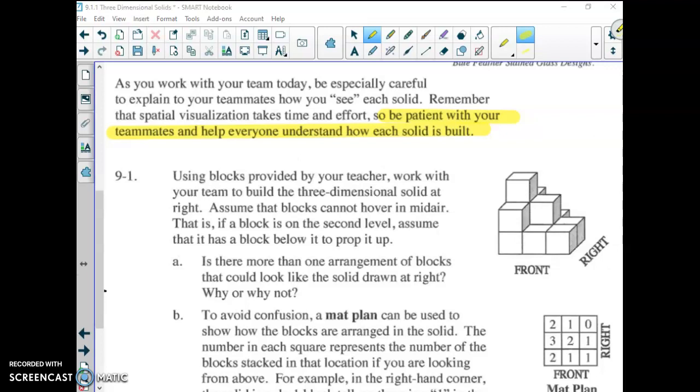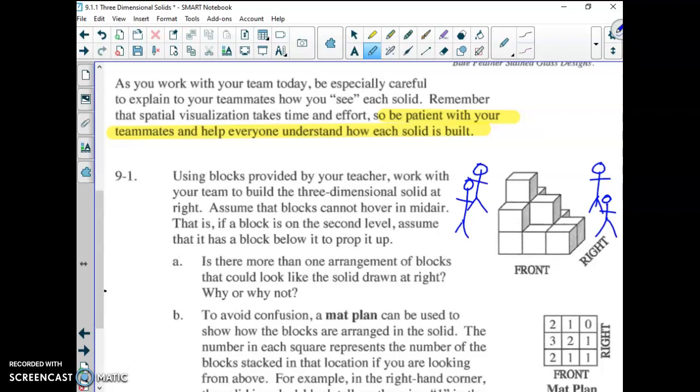Okay. So what you're going to get is a little bag of blocks, maybe 2. You are going to get a little piece of cardstock that tells you front and right, because when there's 4 of us looking at it, what is front to you may not be front to me. So there will be 4 of us looking at this shape, and we're all going to have a slightly different perspective.